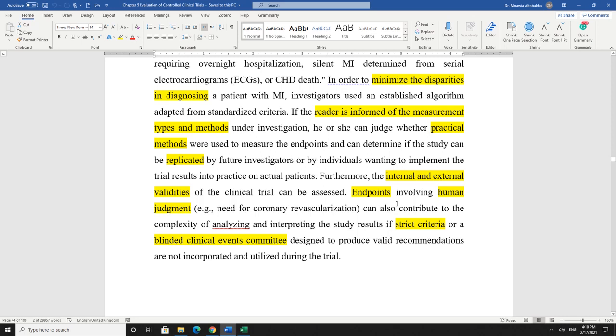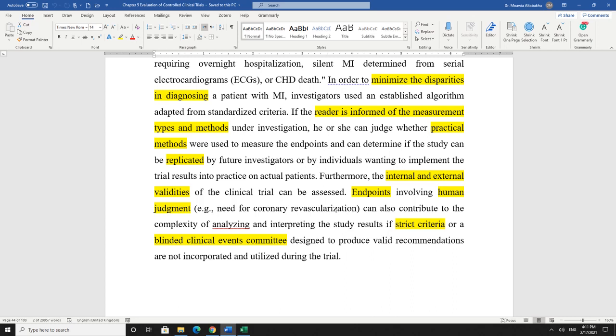For example, I want to see whether the patients will need coronary revascularization, meaning they need to put vessels in the heart, connected to the heart, and replace the old ones that are blocked, or maybe a stent is enough.